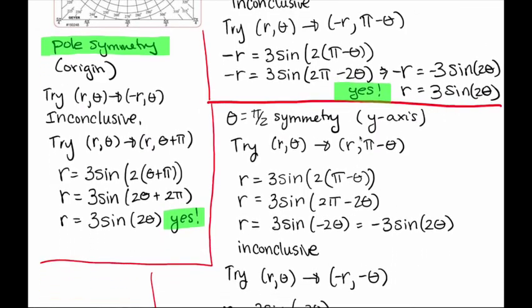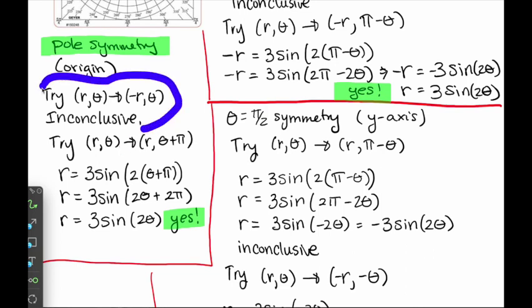Now let's look at symmetry about the origin, or what is called pole symmetry. The first thing I'm going to try is replacing r with negative r. When I do that, you're going to find that it's inconclusive. So then I tried the other test, where I replaced theta with theta plus pi.